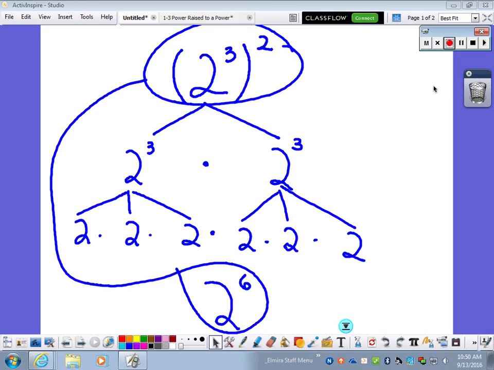If I had originally a 2 exponent and a 3 exponent, and my ending exponent is a 6, and my base stayed a 2, let's see, how could I get the 6? Well, 2 times 3 is 6, and that's how you do it. You multiply the exponents and keep the base.